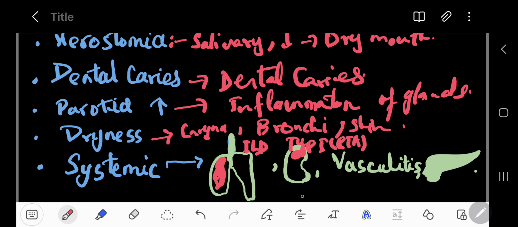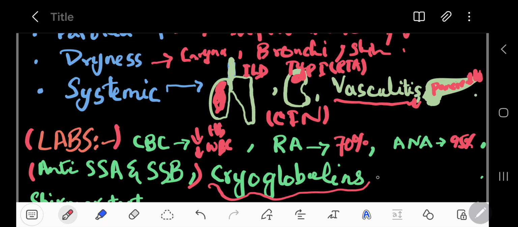It will be positive in 70% of the cases, and ANA is almost positive in 95% of the cases. More diagnostic tests are anti-SSA and anti-SSB antibodies, and in some cases you will find cryoglobulins, which are associated with lymphoma. So when these cryoglobulins are found, then it has strong association with lymphoma.